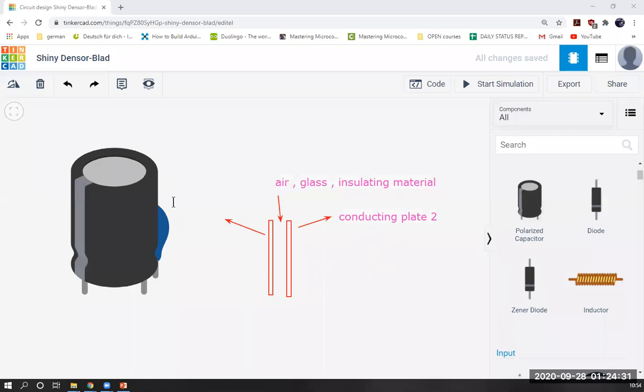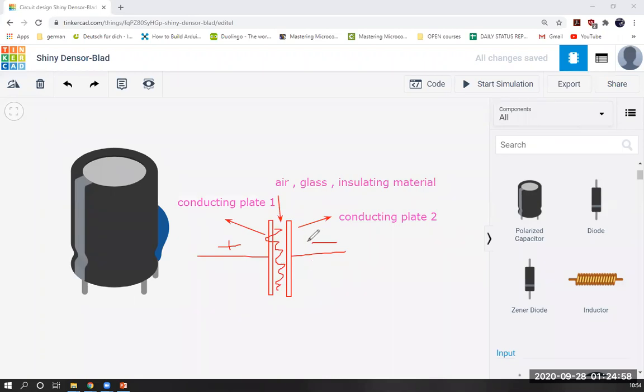This one is also a conducting plate. And we actually give supply to this like this. Suppose this is the plus and this is the minus. So what happens? Because there is air inside this.